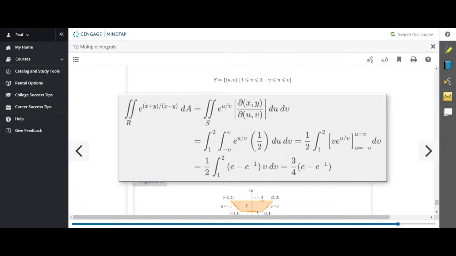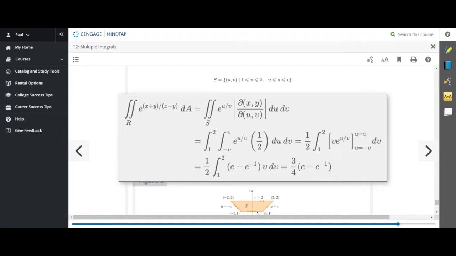A lot of times now, with technology, engineers who have a difficult double integral to compute might just use technology like MATLAB to get an approximation of the answer, where the true answer is 3/4 times (e minus e to the negative first power). A computer can estimate that.